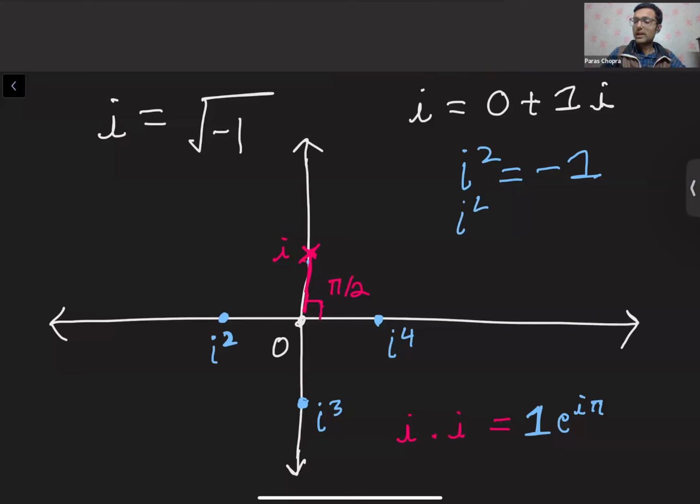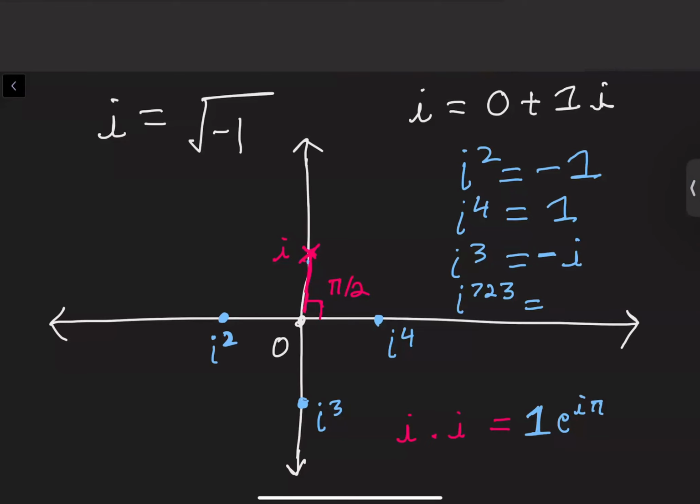What will be the value of I to the power 4? What will be the value of I cube? Negative iota. What will be the value of I to the power 724, 723? तो 720 तक तो वापस 1 बच जाएगा, सिर्फ iota क्यूब बचेगा, which is minus iota.